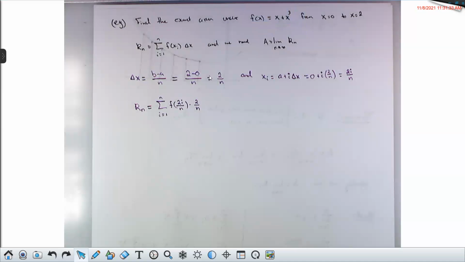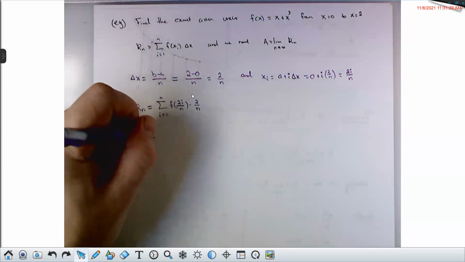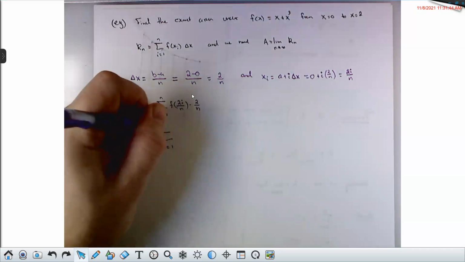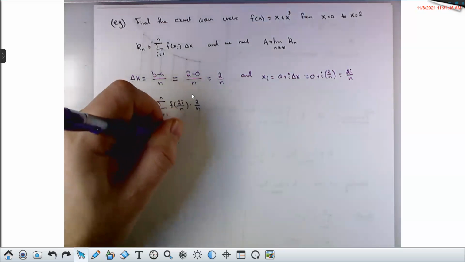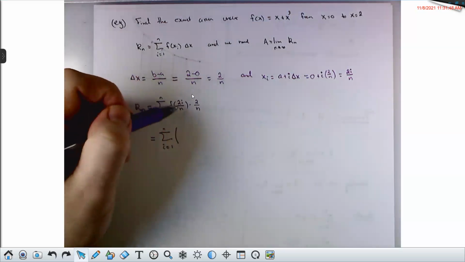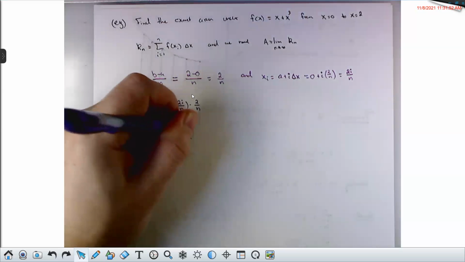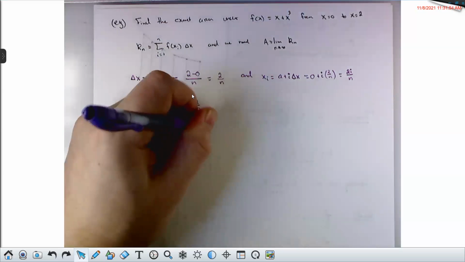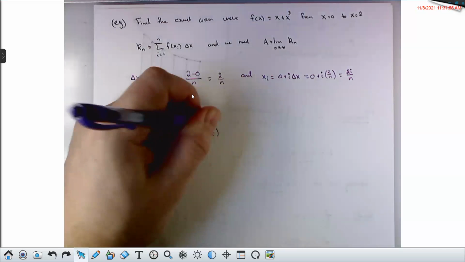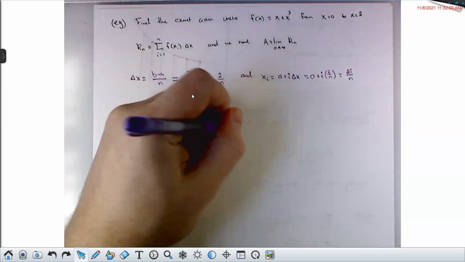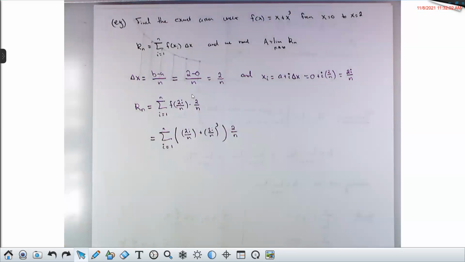So I need to take 2i over n and plug it into f. So this is sigma i from 1 to n. f of 2i over n is 2i over n plus 2i over n all cubed. And then we still have our 2 over n from delta x.